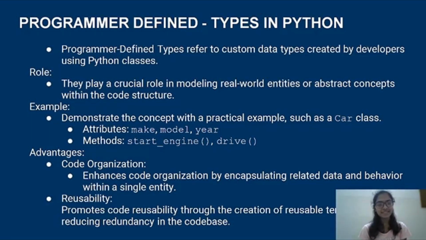Coming to the advantages of programmer defined types, they enhance code organization by encapsulating related data and behavior within a single entity. They also promote code reusability through the creation of reusable templates and reduce redundancy in the code base.